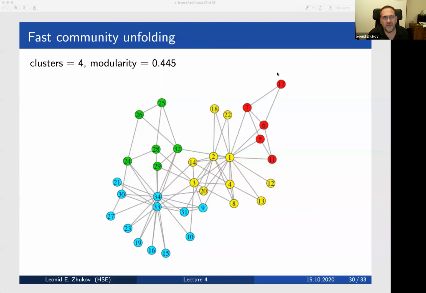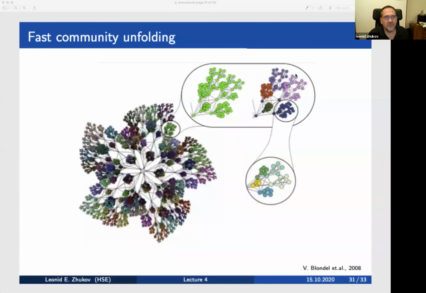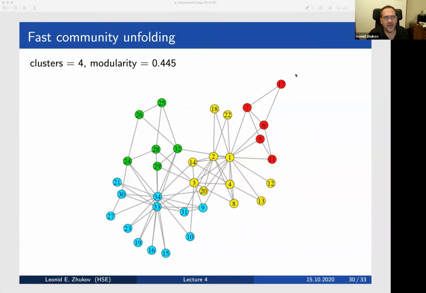So eventually, if I run this algorithm, the fast community unfolding, on a karate network, this is the optimal distribution that it gives. Actually, I do like this kind of clustering better than the one I get from edge betweenness.